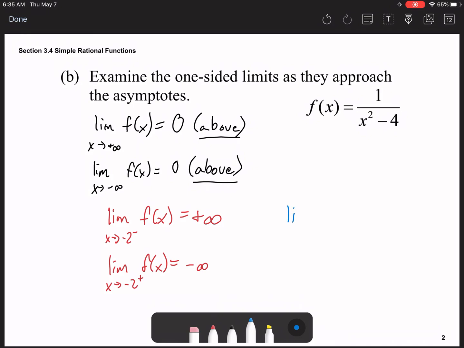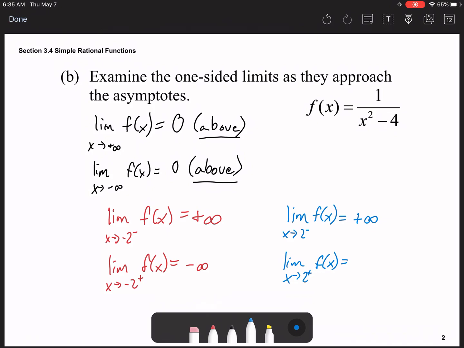We'll do the same thing for the other limits. So the limit as x approaches 2 from the left, and from the right. In this case, if I choose, let's say, 1.999, put it in, I get a value of positive infinity.